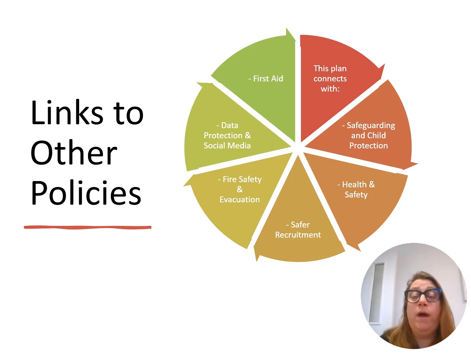So thinking about where you can pull information from, and the kind of policies that we think you need to think about in connection to your critical incident plan are things like safeguarding and child protection, health and safety, safer recruitment, fire safety and evacuation, data protection and social media, and first aid. So these are the main ones that we think you probably need to have regard to and pull information out of that you already have in place to make your plan more robust and more specific to your setting as well.